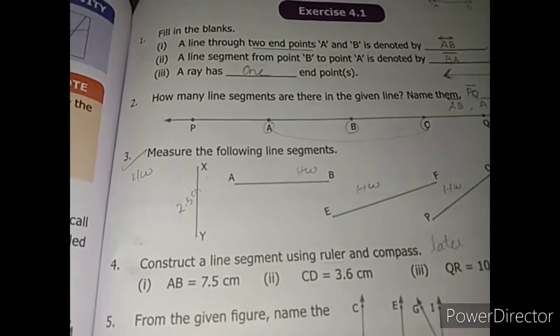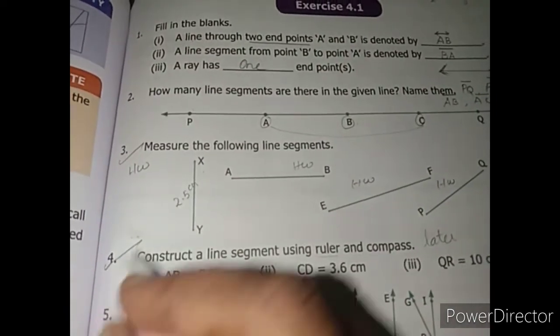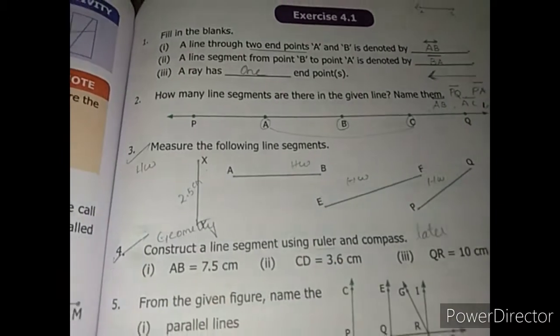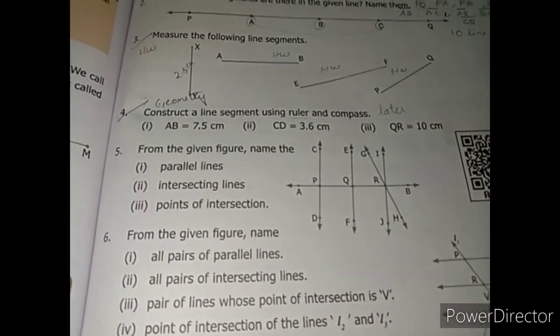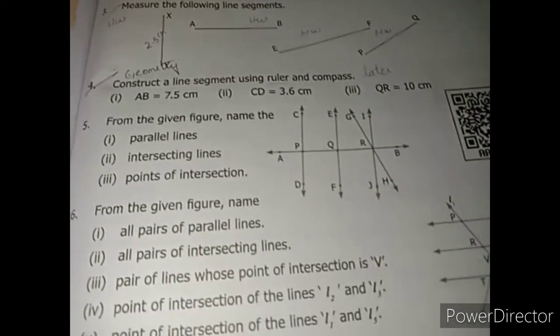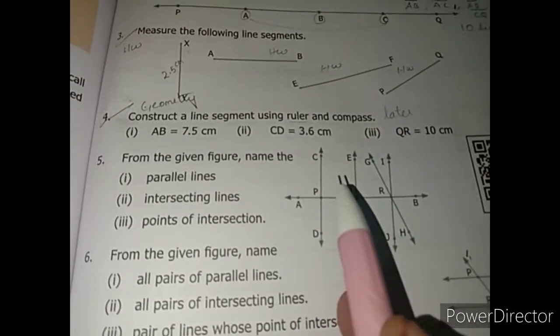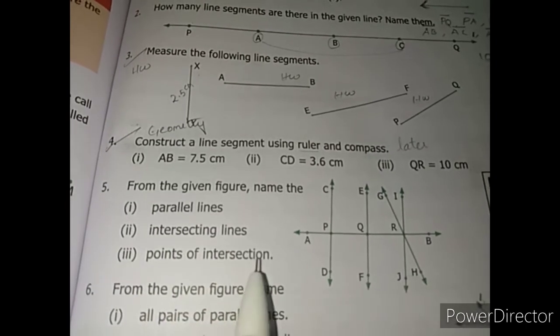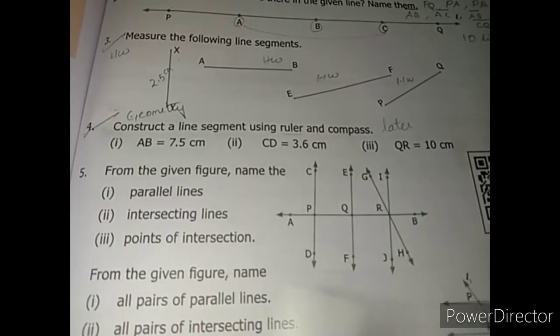Okay. Now this one, as I told you, in the geometry notebook. Now we'll go with the fifth question. From the given figure, name the parallel lines, intersecting line and point of intersection.